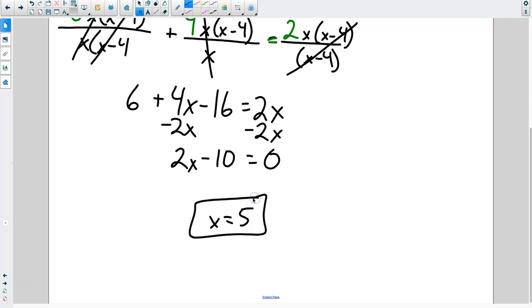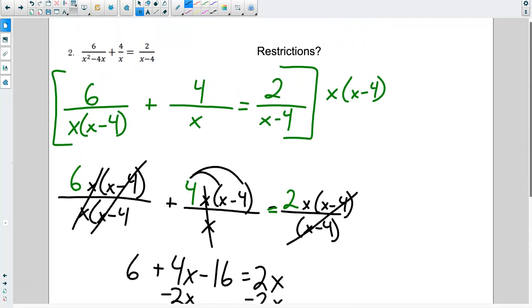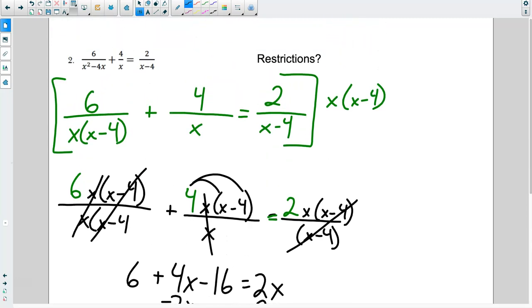That's my answer. Now, we have to go back up here. Take a look at this. My restrictions. Well, I really just have to look at my common denominator out there. So, what would make x or x minus 4 equal 0? What two numbers?